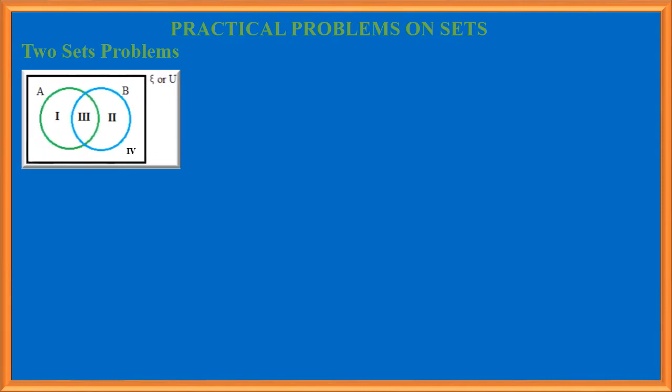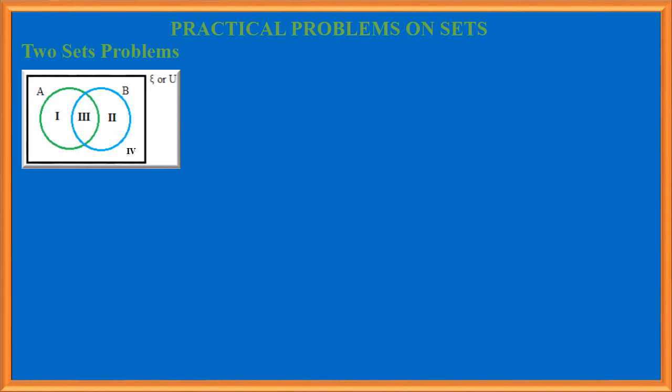We have set A as the green circle, the blue circle represents set B, whilst the rectangle represents our universal set. We can see that we have 4 components, labeled I, II, III and IV. Each of these components represents something.